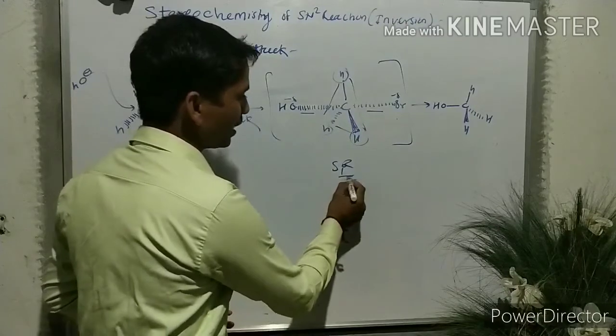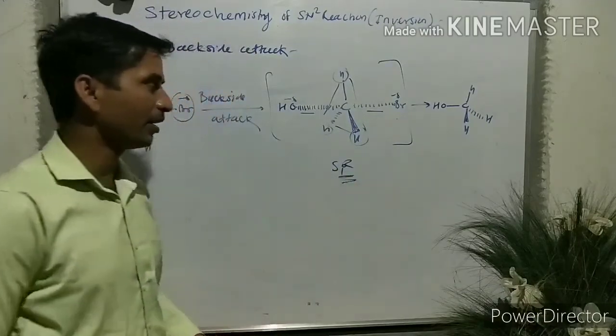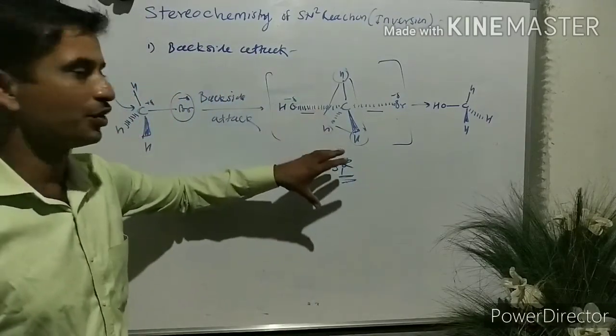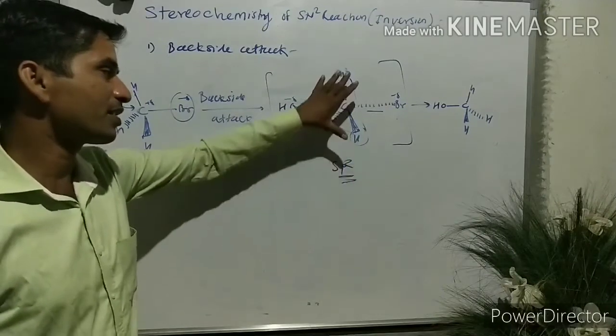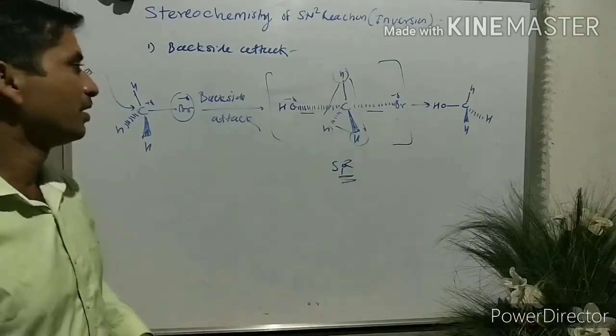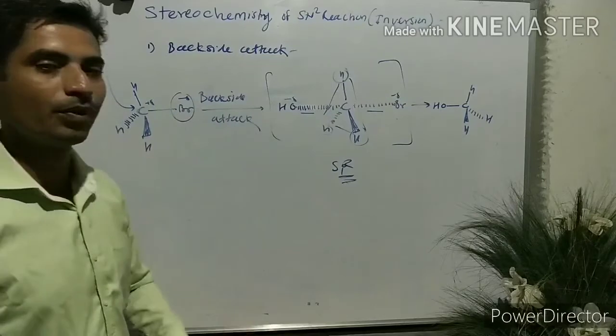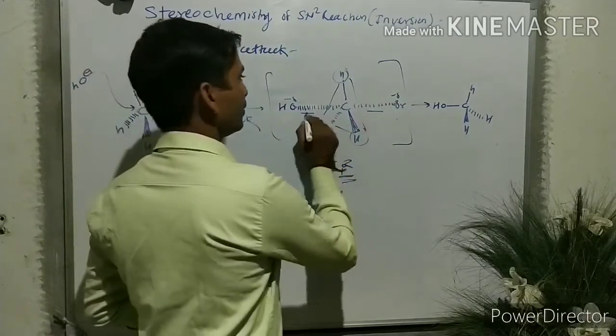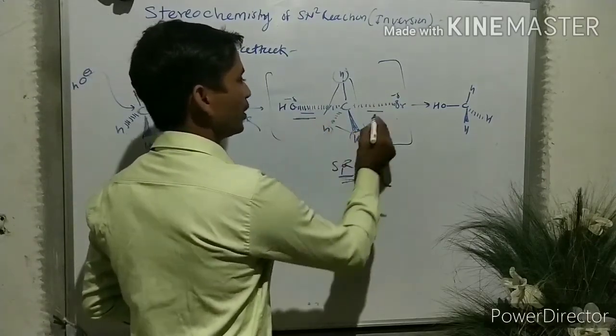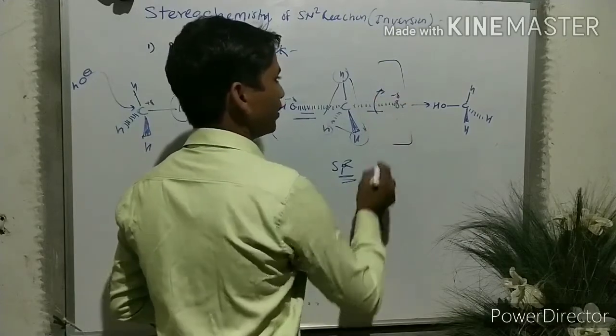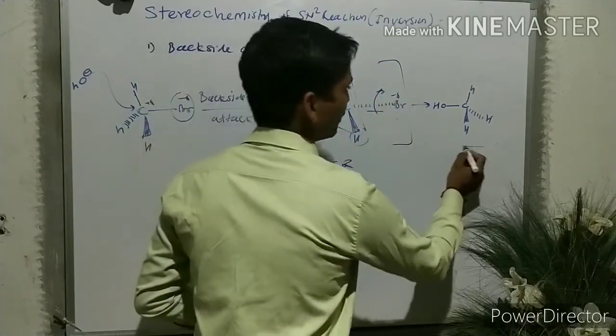This transition state has minimum steric repulsion and is well stabilized. That's why backside attack is more favorable. After formation of the O-H bond and departure of the carbon-bromine bond, the products are formed.